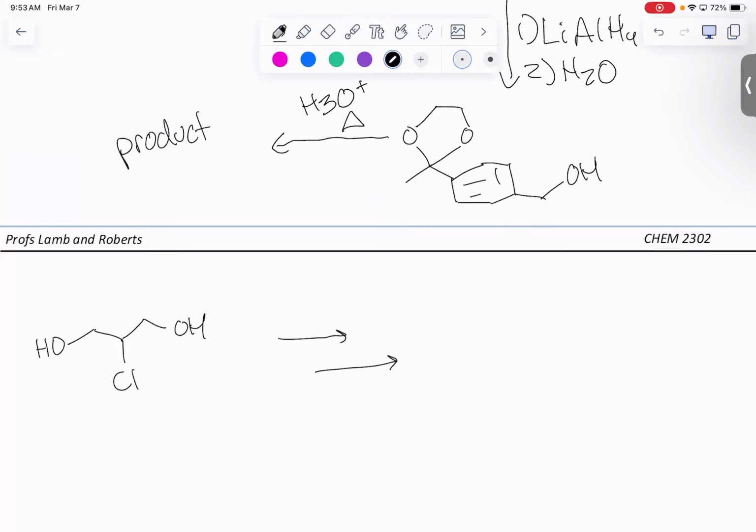So say we wanted a multi-step synthesis. At the end of the day, we want to keep our diol, but we want to add a carbon and an oxygen to it. So let's go ahead and number our carbons, 1, 2, 3. 1, 2, 3, and now we identify we've added a fourth carbon, right, in the place of that chlorine.